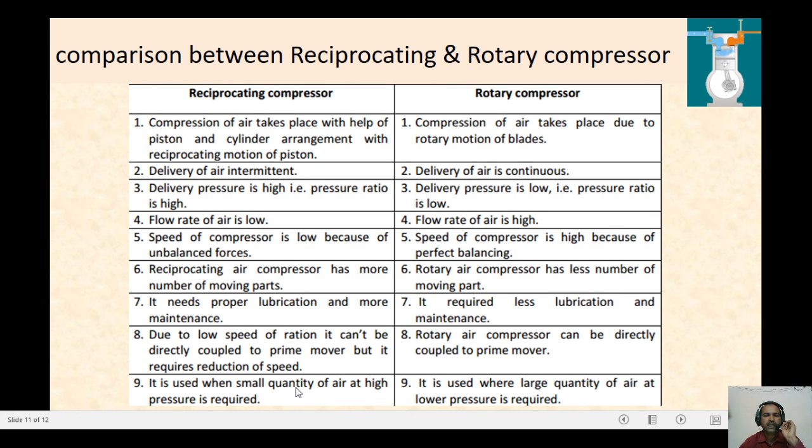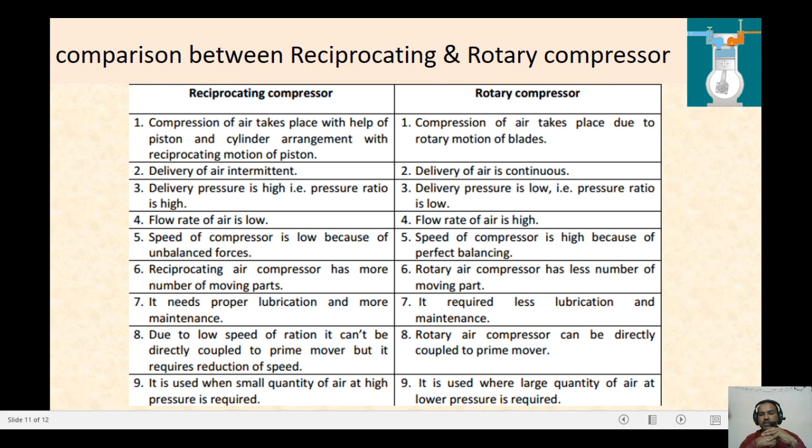The reciprocating air compressor is used where a small quantity of air at a high pressure is required. But in rotary, a large quantity of air is generated at a low pressure. In the reciprocating compressor, at a high pressure, a small quantity of air is produced.